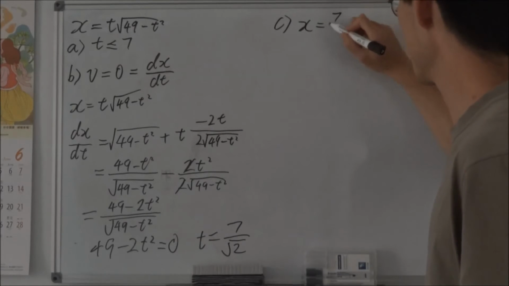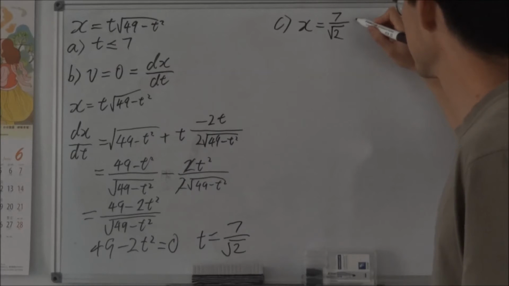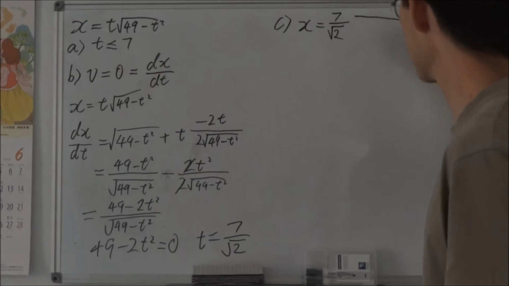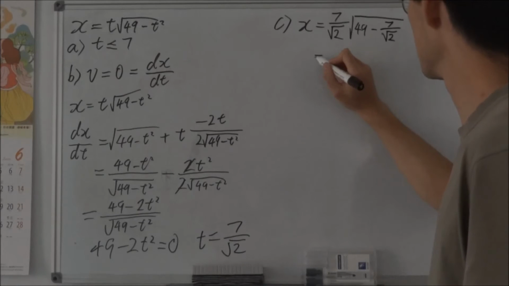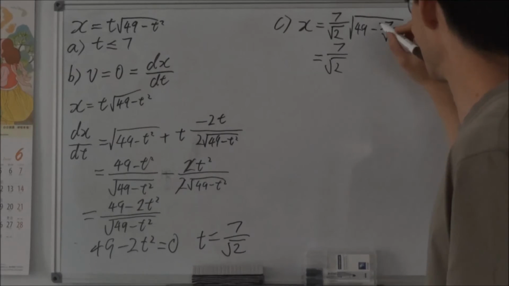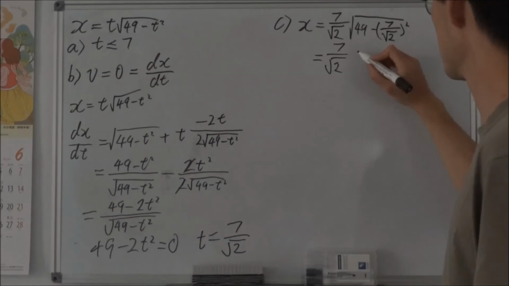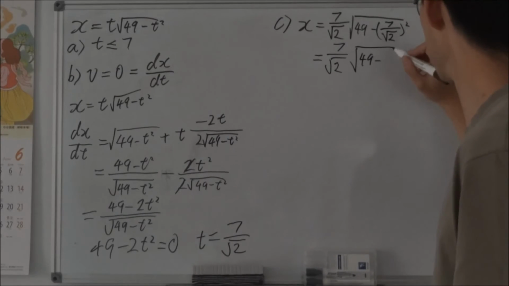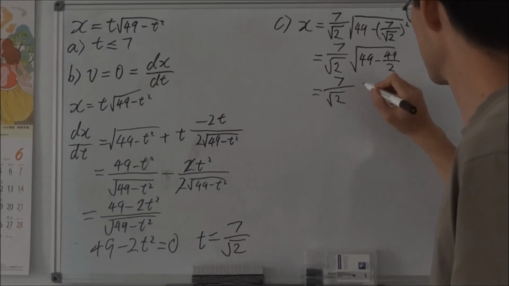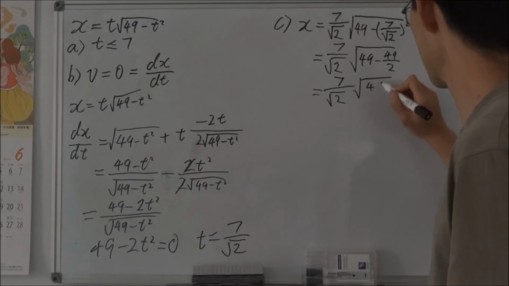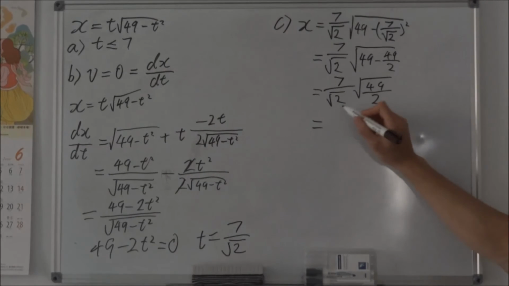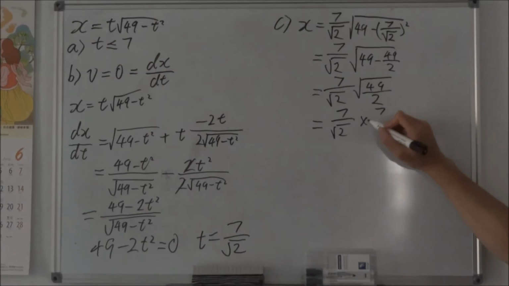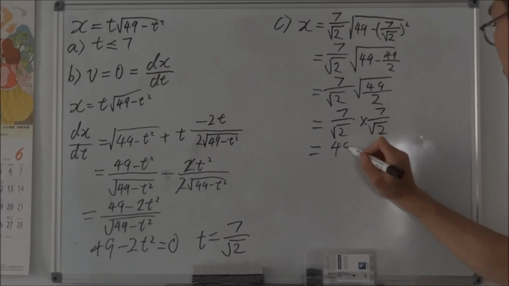x equals 7 over root 2 times the square root of 49 minus 7 over root 2 squared, which equals 7 over root 2 times the square root of 49 minus 49 over 2, which is 7 over root 2 times 7 over root 2, which is 49 over 2.